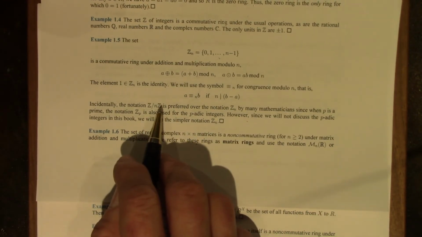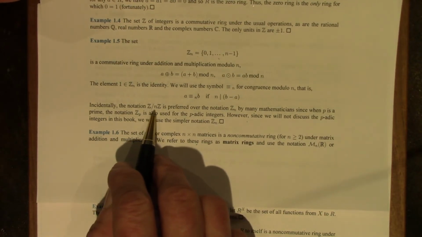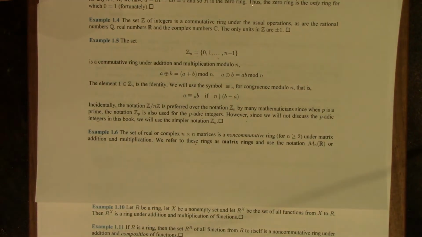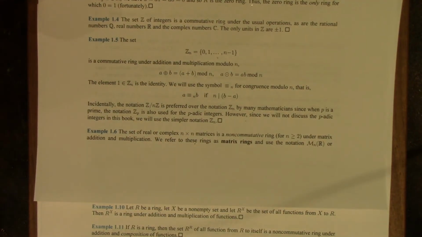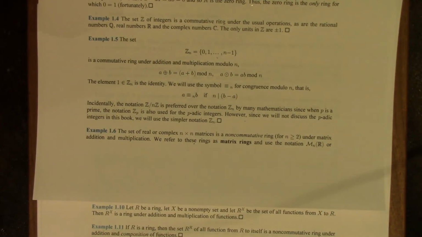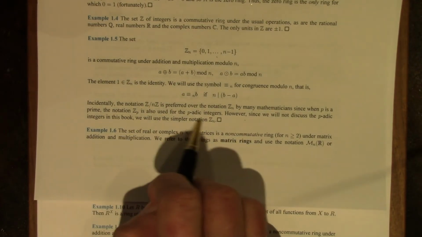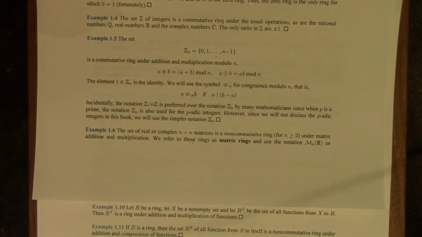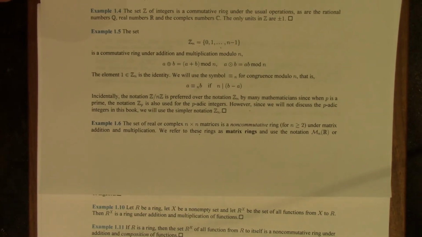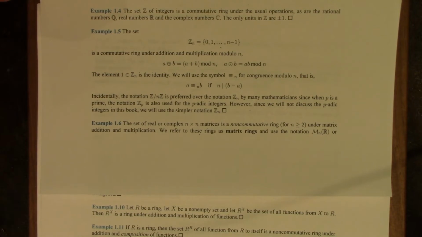And as I mentioned in the group theory course, this notation, Z mod nZ, is preferred over Zn by many mathematicians because when n is a prime, p, Zp is also used for the p-adic integers. But we're not discussing the p-adic integers in this book, in this course, and I prefer the simpler notation that I grew up with.